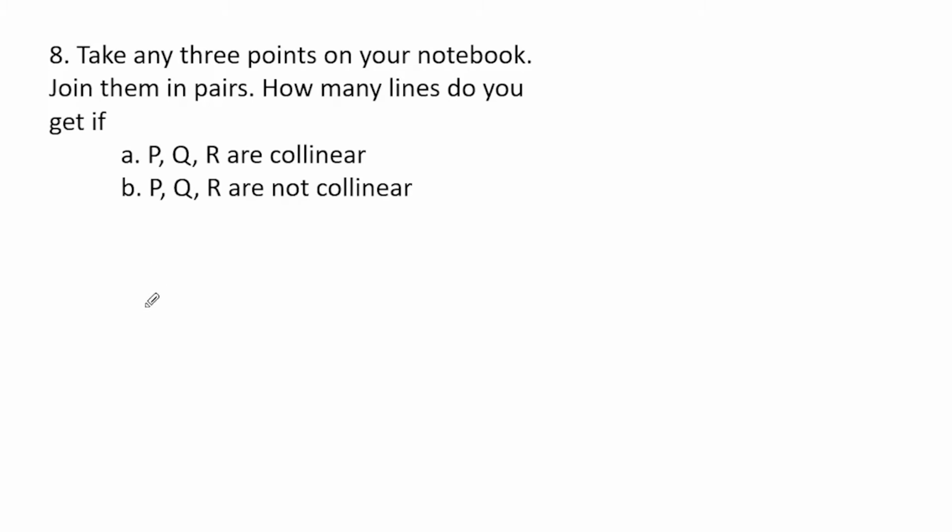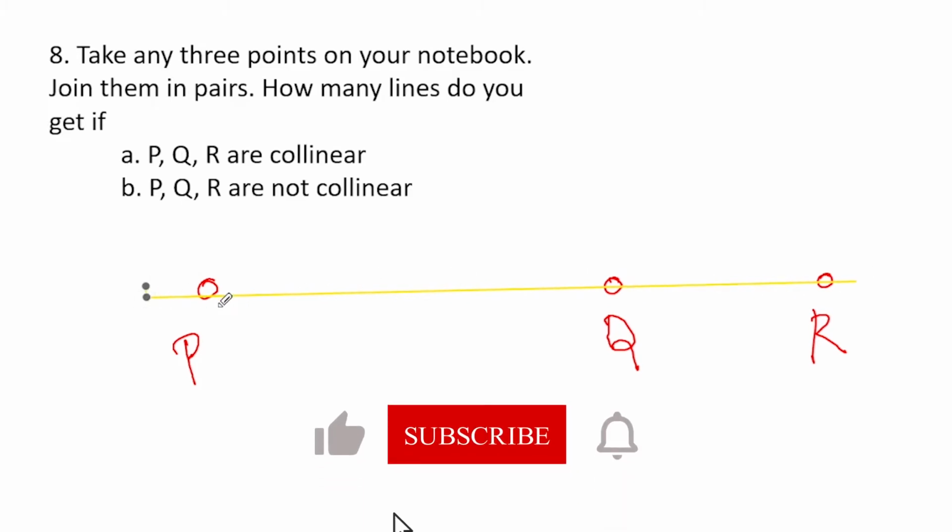Right. So if P, Q, R are collinear, how many lines can we get? So here I have a point P, point Q, point R. Now all these points are collinear, right?